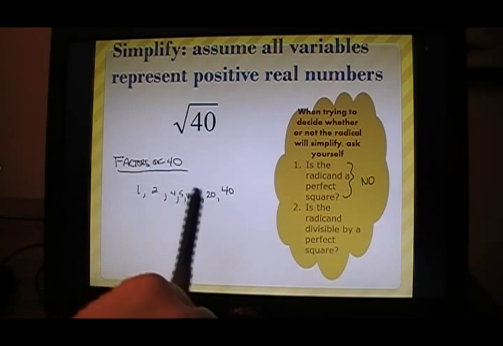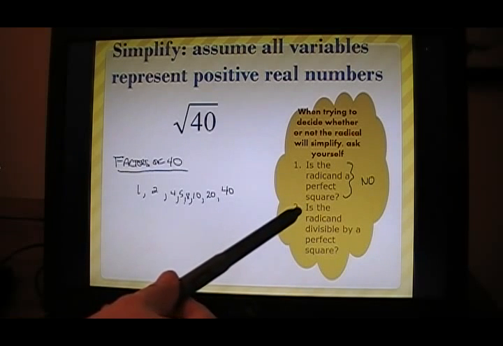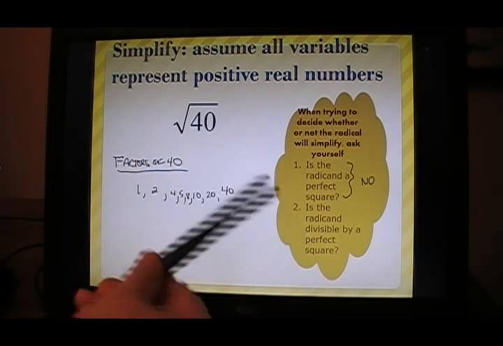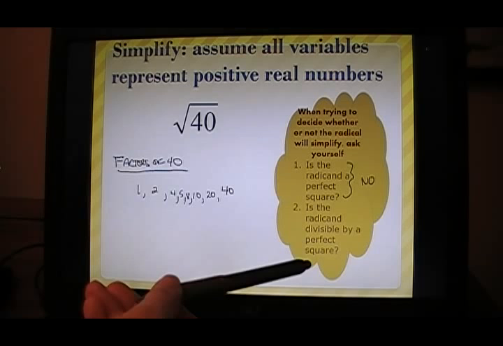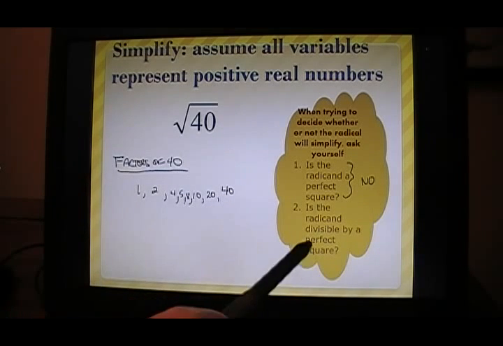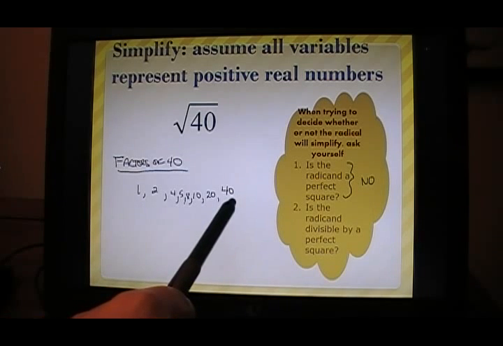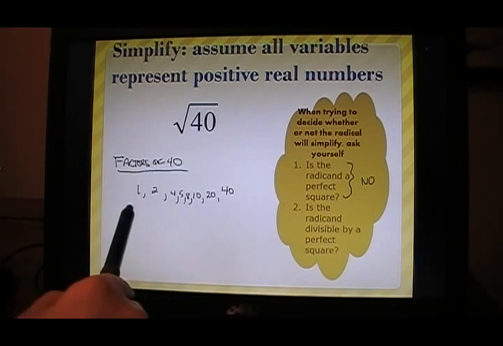And so looking at the factors of this number, is 40 divisible by a perfect cube? Are any of these factors, I'm sorry, not cube, a perfect square. Are any of these factors perfect squares? And if it is divisible by a perfect square, you want to find the largest perfect square that goes into that number. So I'll start at the top end and work my way back.